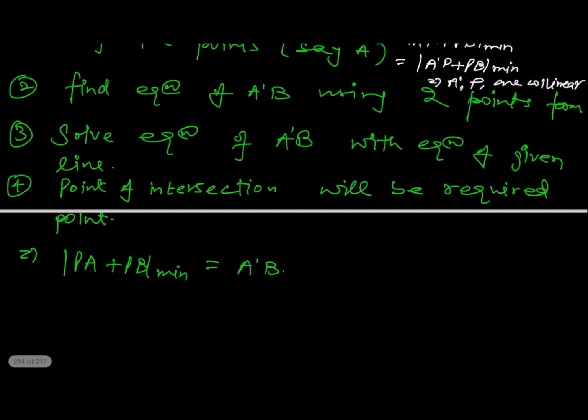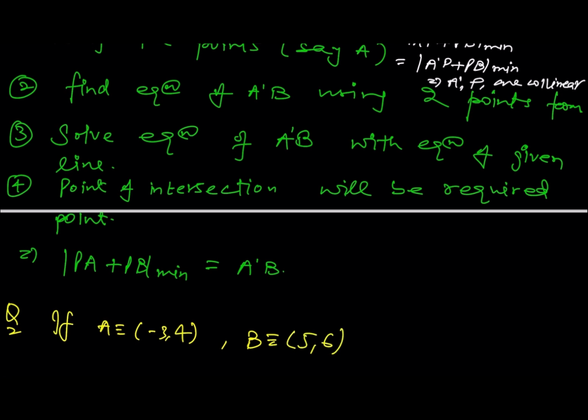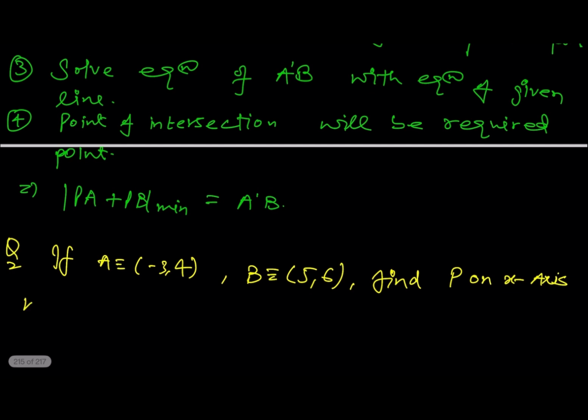Okay, now let us take a question. What type of question can be framed? If A is minus 3 comma 4 and B is 5 comma 6, find P on x-axis when mod of PA plus PB is minimum.